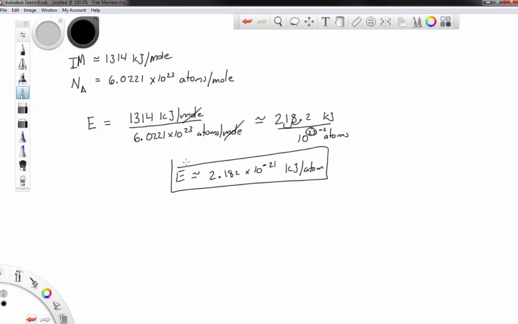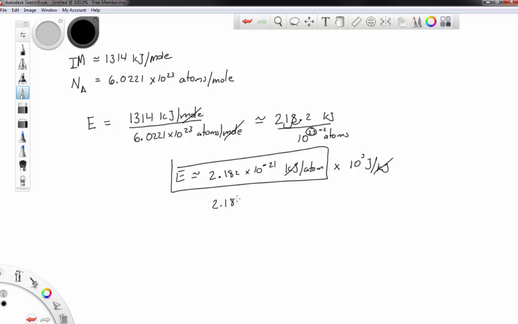So that is the ionization energy for oxygen, and of course you could also convert this into joules per atom, which you do essentially by multiplying by 10 to the 3 joules per kilojoule. And so you end up eliminating the kilojoules, and this thing you have to add a 3 to.